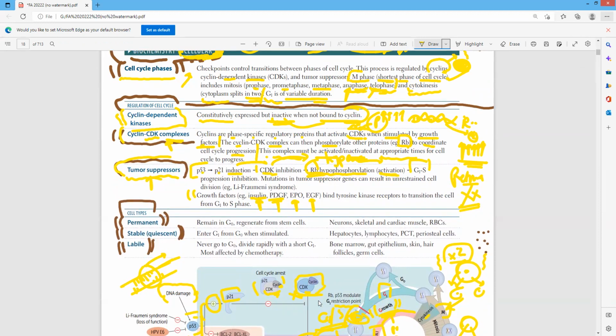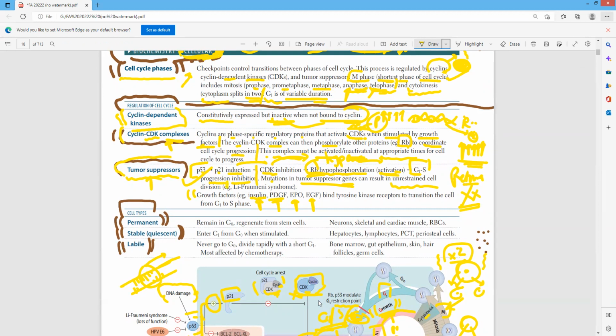Retinoblastoma coordinates the G1/S progression inhibition. If we have a mutation in a tumor suppressor gene, it will result in what? Unrestrained cell division, and you may find many tumors in different organs.